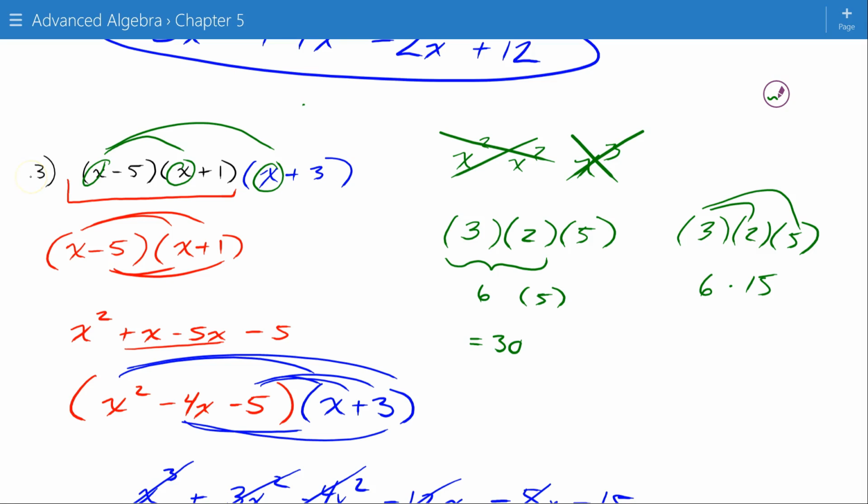And then 6 times 15 is really not 30 at all. It's going to be much larger. It's 90. Well, the answer is not 90. We know that 3 times 2 times 5 is not 90. It's 30. So that illustrates that mistake a little bit. You're multiplying too many times. Multiply the first two terms together, come up with your answer. Multiply that by the next term, and that would be your finalized answer on that problem.